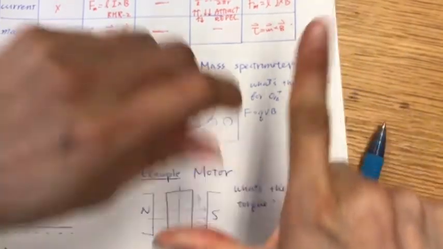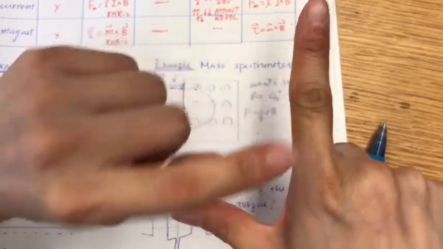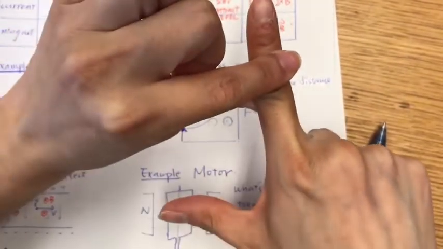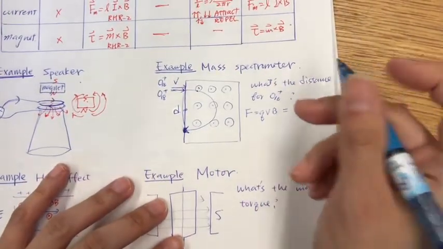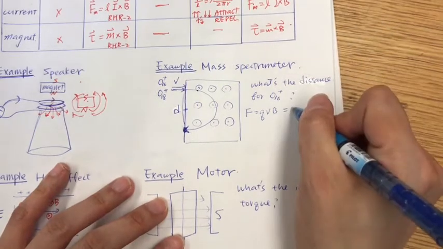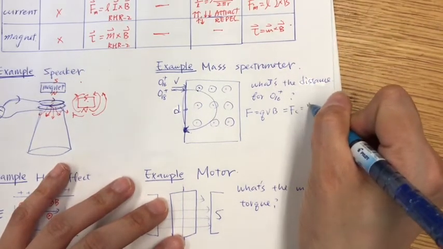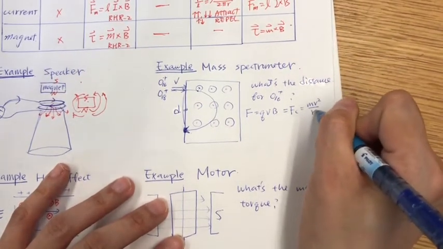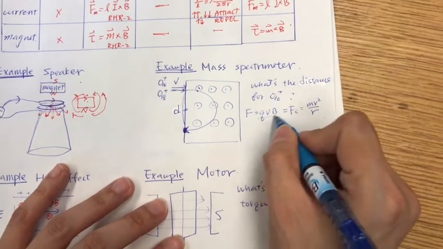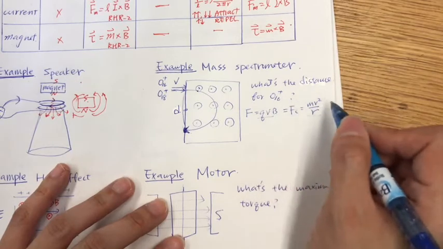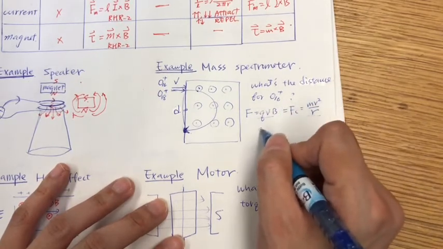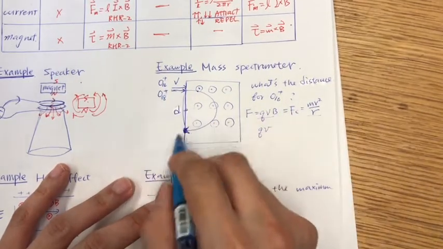So this force only changes the direction of your velocity, but never the speed. And if it only changes the direction, it provides centripetal force, so it's mv squared over r. Now if we connect these two, we can draw the connection with the mass and this radius.